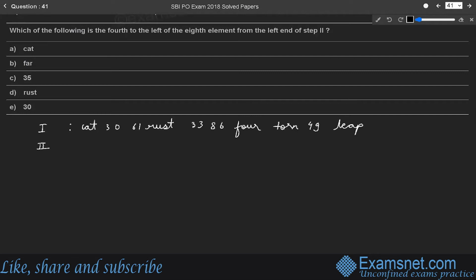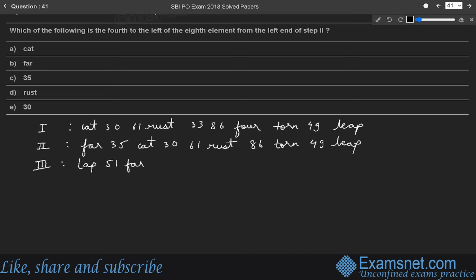Step 2 will be far, 35, cat, 30, 61, rust, 86, torn, 49, leap. Step 3 will be lap, 51, far, 35, cat, 30, 61, rust, 86 and torn.